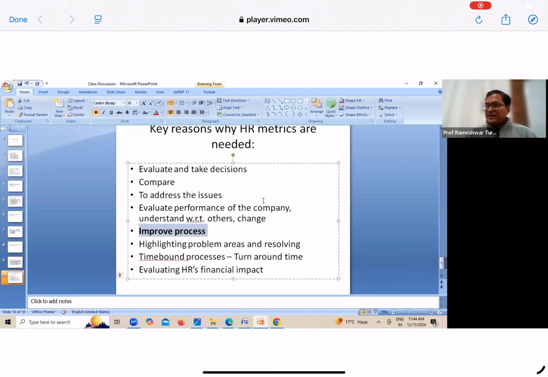The way I taught your class is a typical one-way communication method. There can be other methods too, like we did hands-on for selecting a CV. We can do hands-on on drafting a compensation package for an individual and see which way works better. That can tell us which method we should follow. So it helps us to improve processes and choose the right methods.